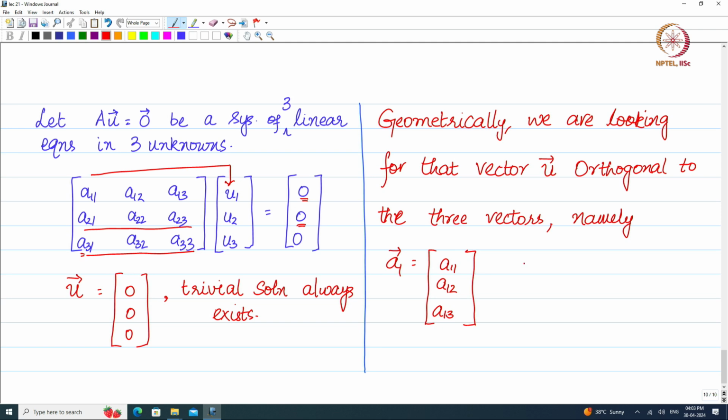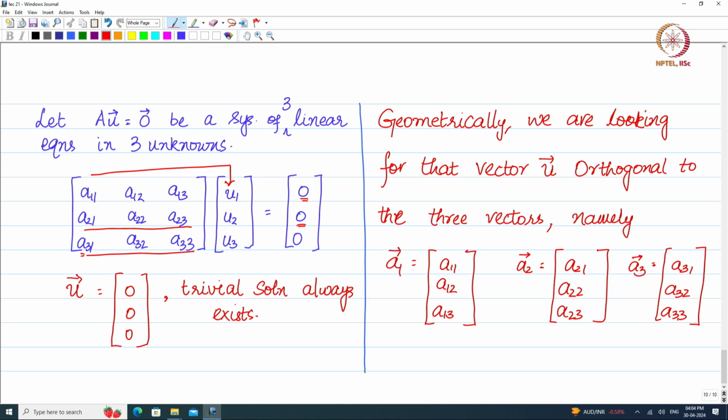Then the second vector a2, which is basically the second row vector, a21, a22, a23, and the third row vector a3, which is nothing but a31, a32 and a33.